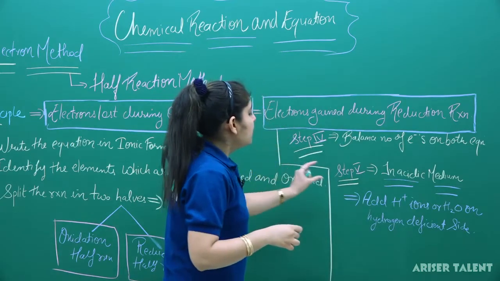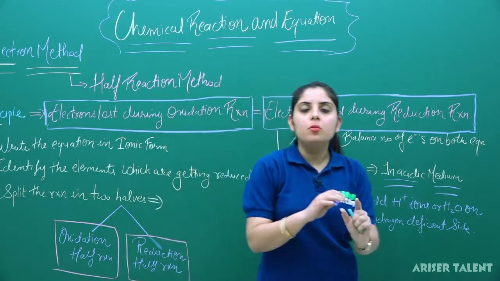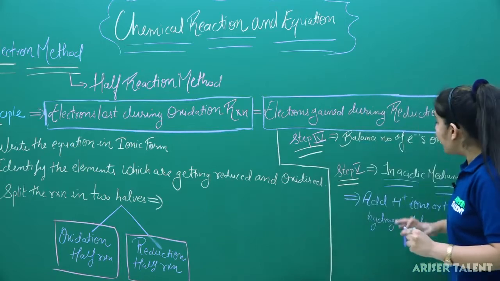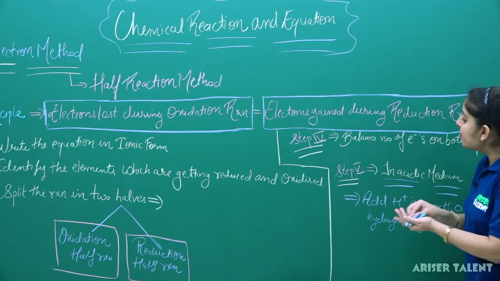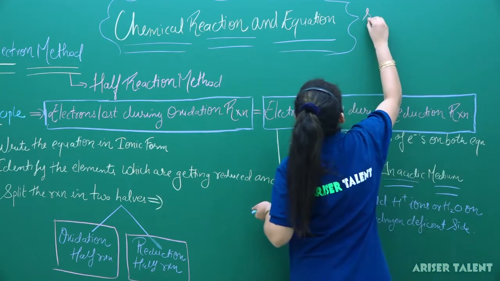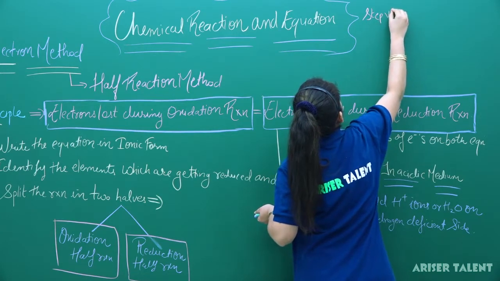But we have to balance the H atoms on both sides of the equation. But if the reaction is carried out in the basic medium, we have our next step, that is step number 6.